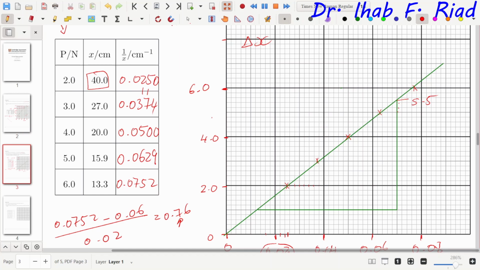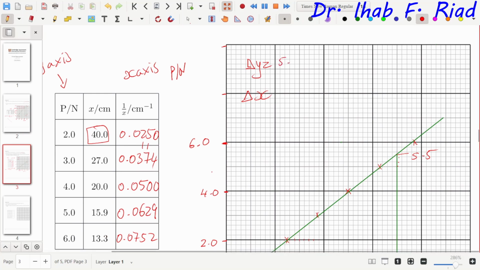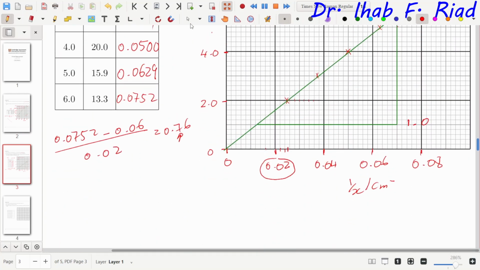What about this? This is 0, 2, this is 1. Okay, so the delta y is 5.5 minus 1. It is 4.5.